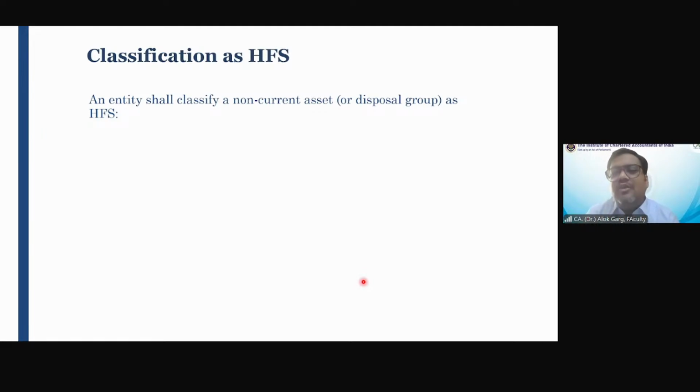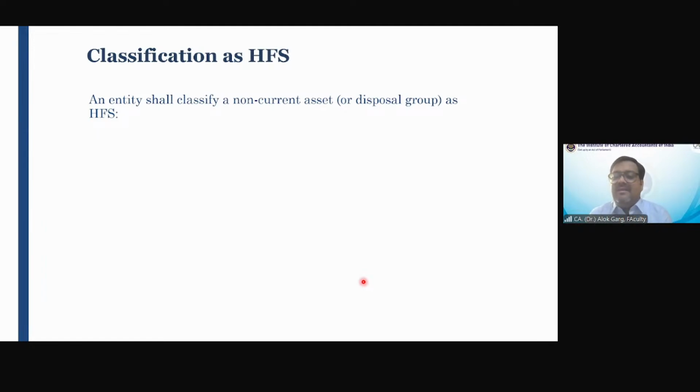Once an asset or disposal group is classified as held for sale, it has to be shown as a separate line item below the current assets. Right? How will the future economic benefit be received from a group of assets or an individual asset, NCAHFS or DGHFS? The future economic benefit will be received through a sale transaction, not through the continuing use. Okay, not through the continuing use.